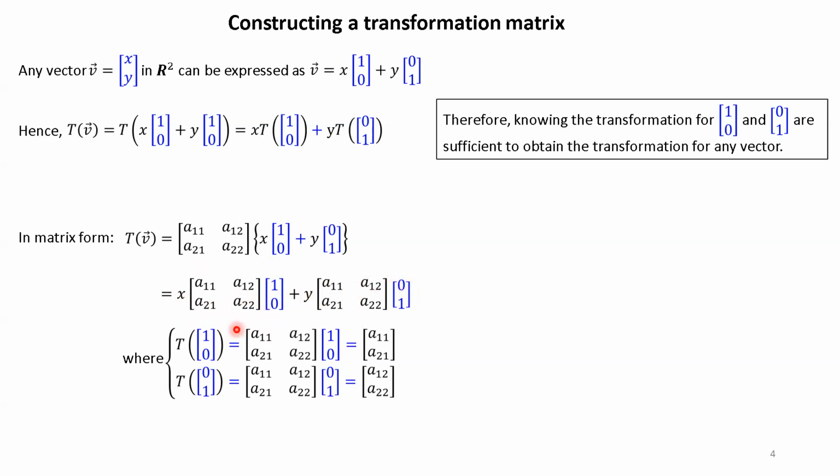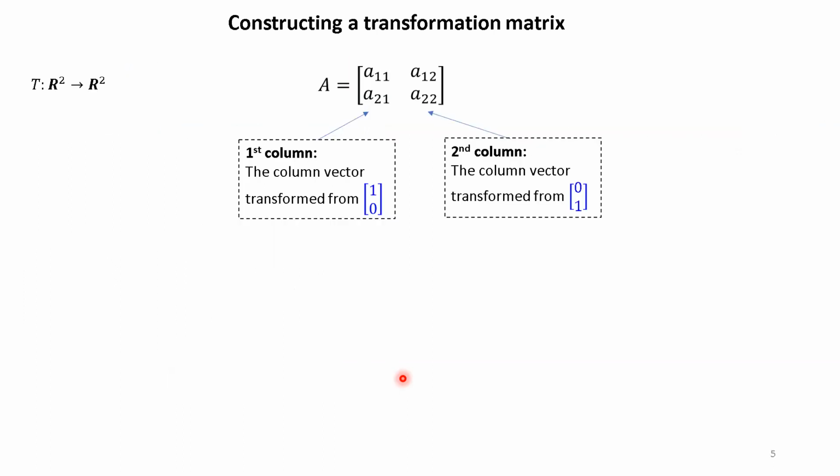If I just take the transformation for (1, 0), you do this product and find that this is A11 and A21. Similarly, if I take the transformation for (0, 1), you'll find that this is A12 and A22. So to construct a transformation matrix, you can just focus on two special cases. The first case is how (1, 0) transforms.